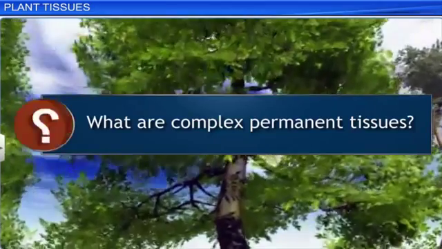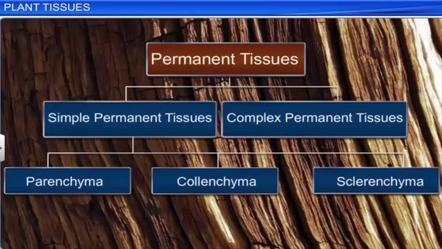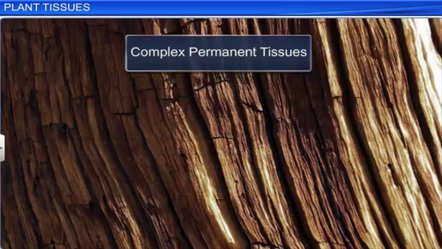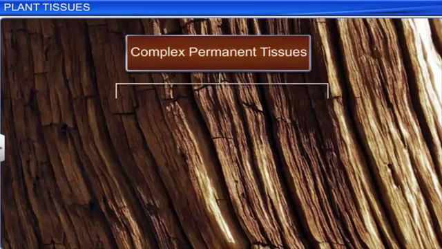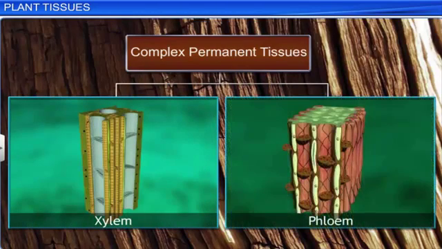What are complex permanent tissues? Complex permanent tissues are made of more than one type of cells that coordinate together to perform a common function. These are of two types, namely xylem and phloem.